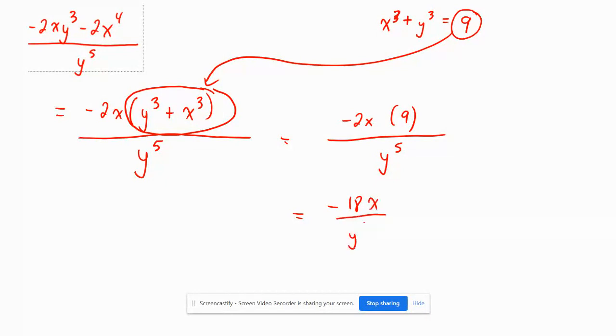This would be our fully simplified version. All right, guys, that's how this example works. Definitely a bit of work taking the second derivative when you're doing implicit differentiation.